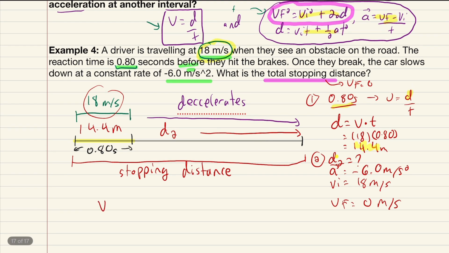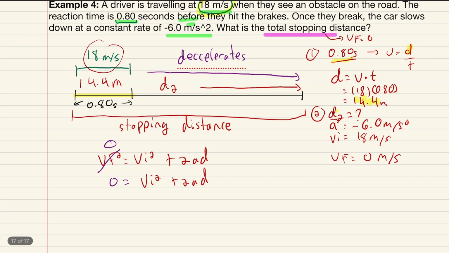So if I go VF squared equals VI squared plus 2AD. Since I know that the final velocity is 0, I'm just going to cross that out right away. So I end up having 0 equals VI squared plus 2AD.